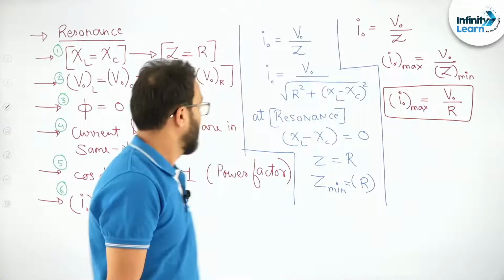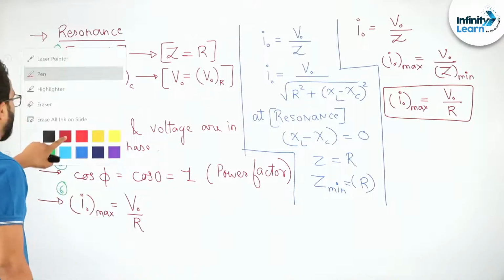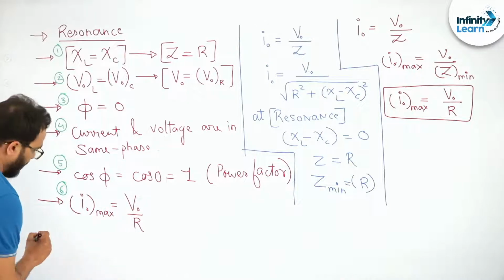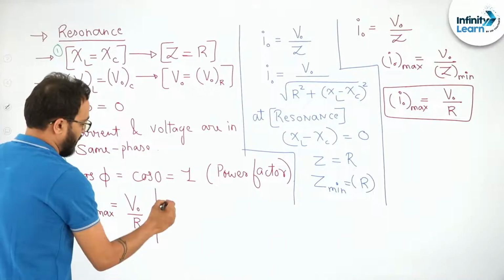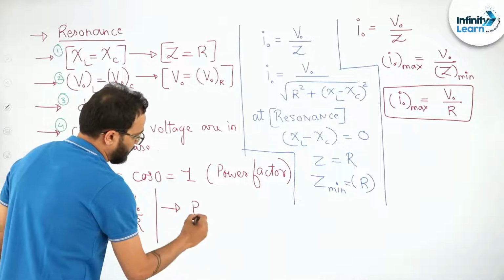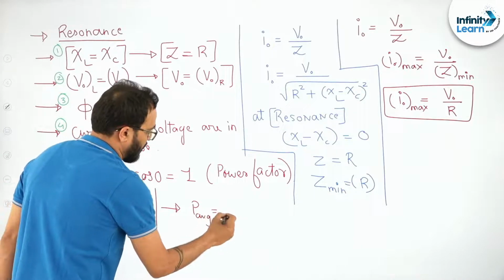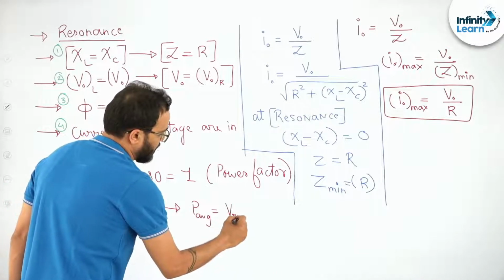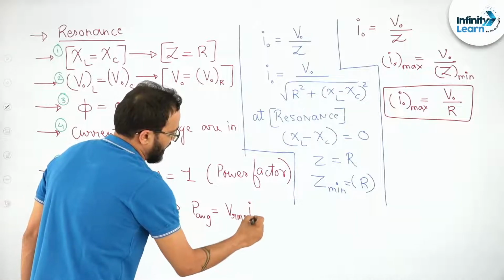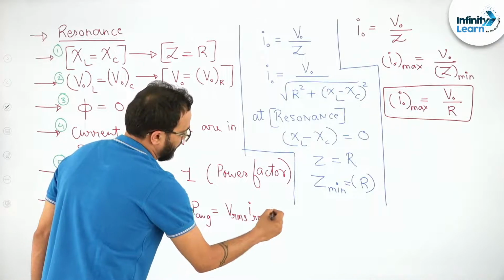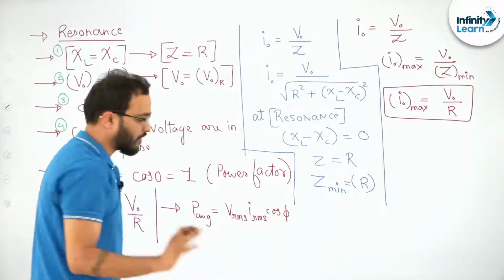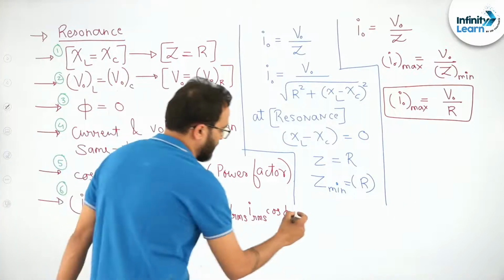What else is left? Let's check out what will happen to the power in the circuit. We know a very nice formula. If you remember, what is the formula of average power? Average power was Vrms IRMS cos phi. Now you put the values. What is Vrms?